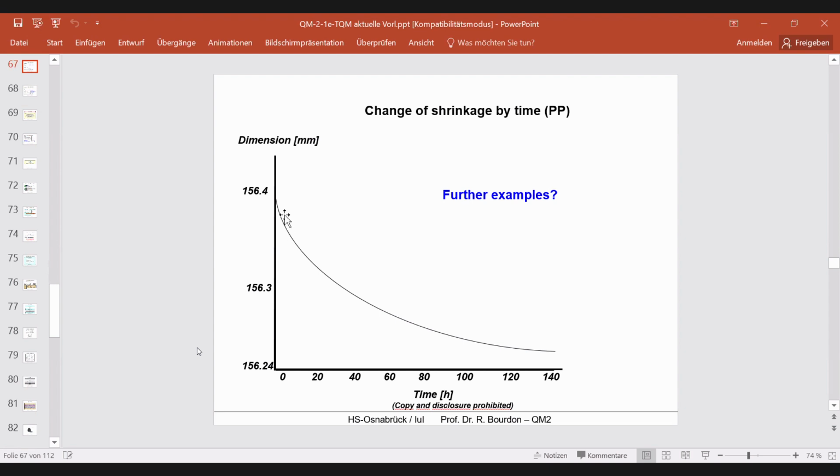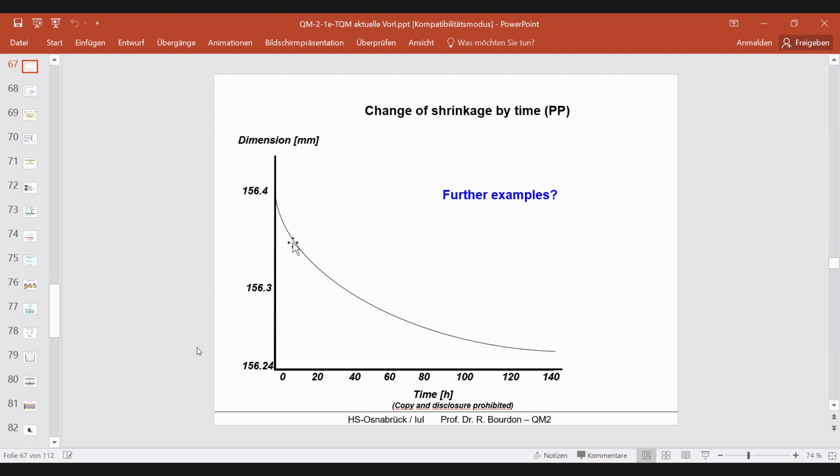If you are here in this area, it is not the same if you measure the parts after 1 hour or after 5 hours or after 10 hours, because every time you will get other values because of this shrinkage curve here. So there are some quality characteristics that are changing over time, and it takes some time until they reach their final values.